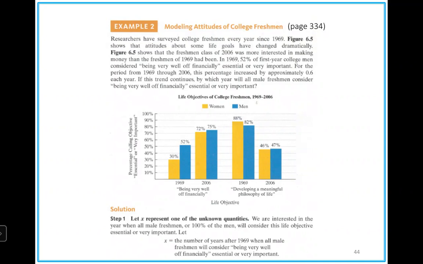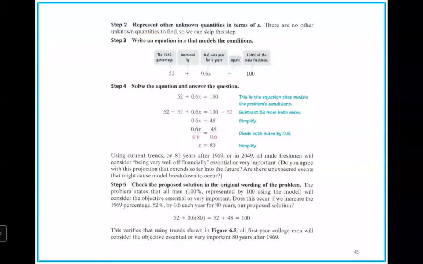So they ask you to let X represent one of the unknown quantities. We're interested in the year when all male freshmen, or 100% of men, will consider this life objective essential or very important. So let X equal the number of years after 1969 when all male freshmen will consider being very well off financially essential or very important.